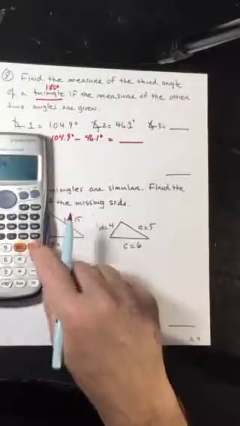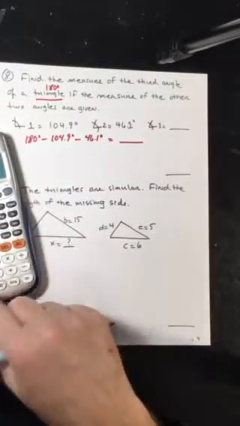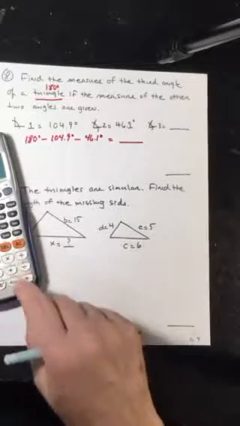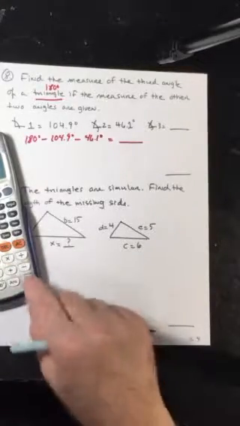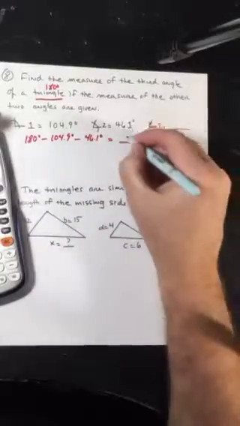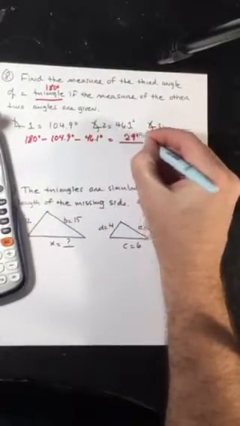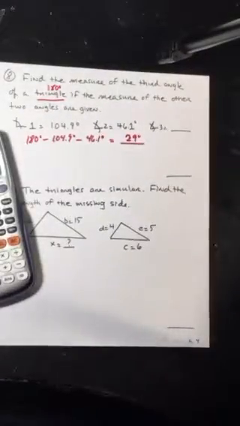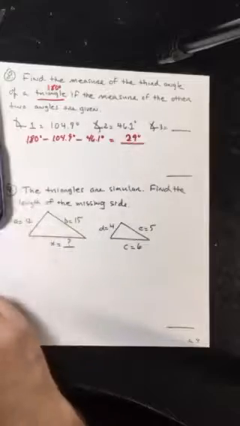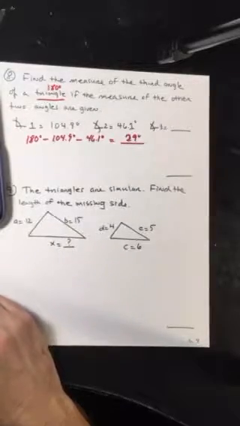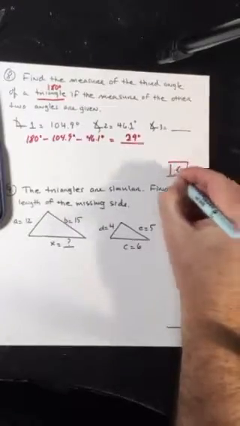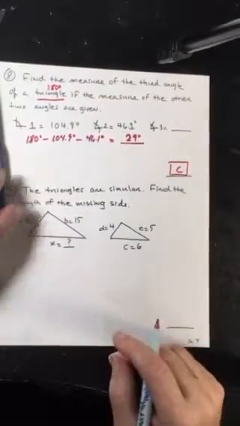My handy calculator here. So we got 180 minus 104.9 minus 46.1. That gives me 29 degrees. So if I look at my answer sheet here, number 8 is C, which is 29 degrees. Okay, so C is 29 degrees.